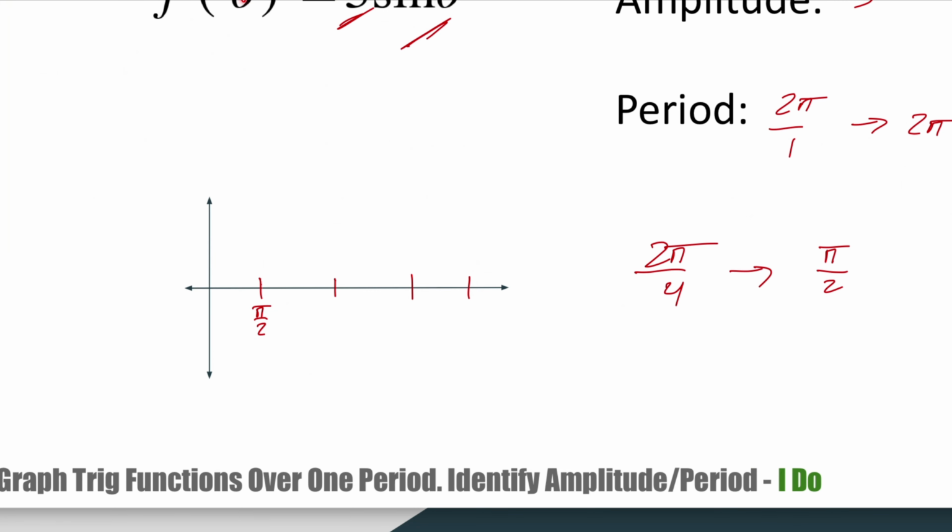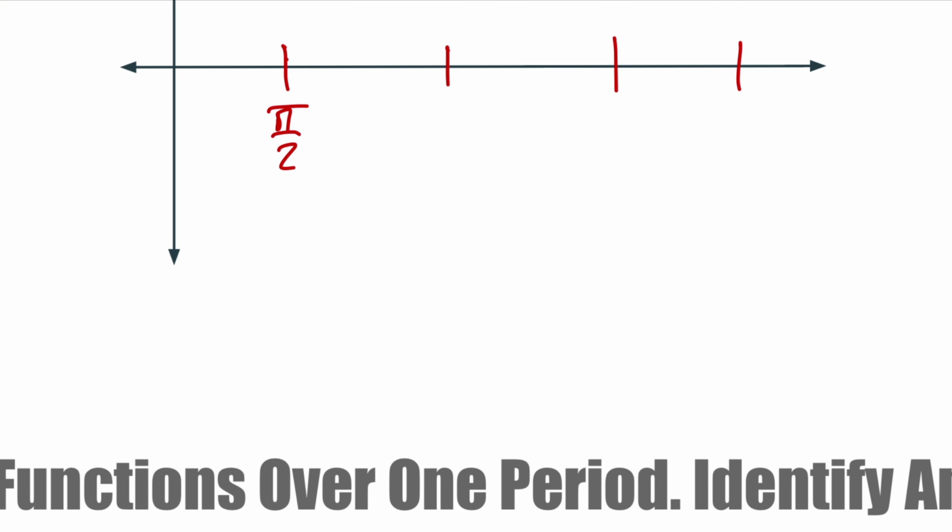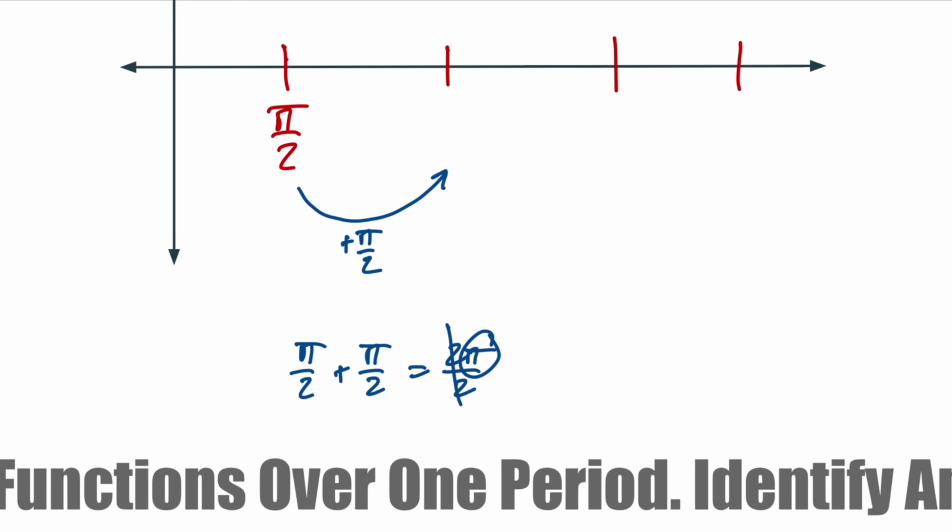Now, I'm going to actually add them. But if you could do in your head pi over 2 plus pi over 2, then that's fine too. Okay. So to go from here to there, we have to add a pi over 2. So that's pi over 2 plus pi over 2, which gives you 2 pi over 2, or just pi. So we're here at pi. Now again, to go to the next one, we have to add a pi over 2.